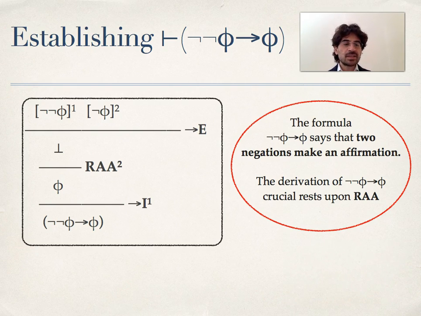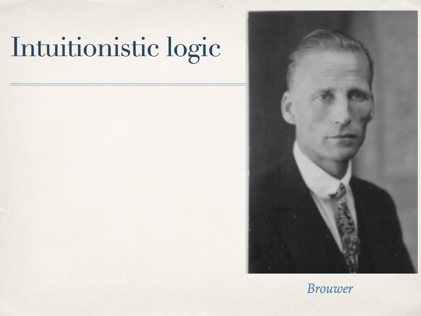Now you might ask yourself, who would deny that two negations make an affirmation? Well, there are some mathematicians and logicians who deny this assertion. These are known as intuitionistic logicians, intuitionistic mathematicians, and you see in this picture Brouwer, a Dutch logician who is perhaps the most famous intuitionistic logician, who denies the principle that from two negations we get an affirmation.